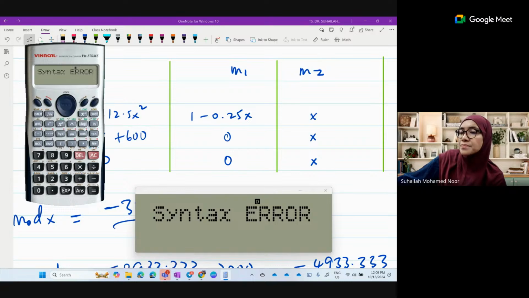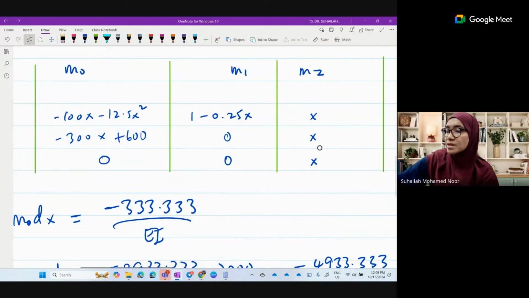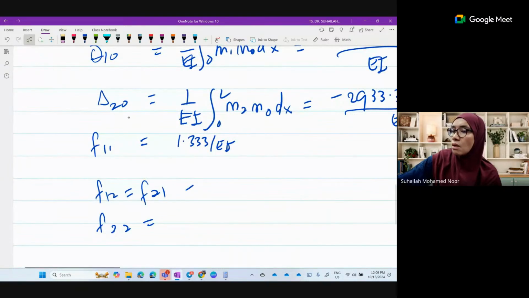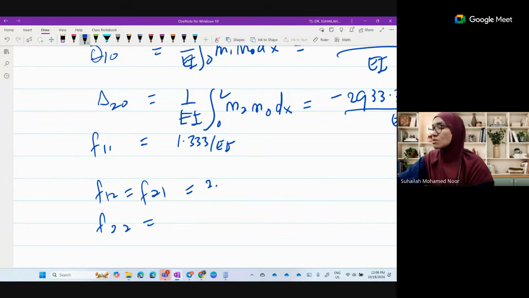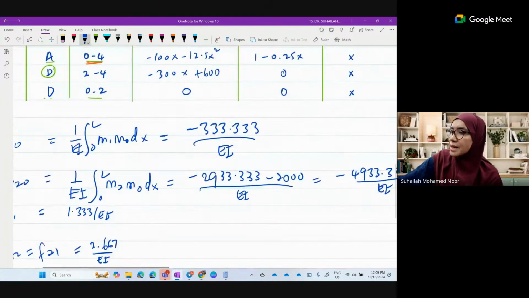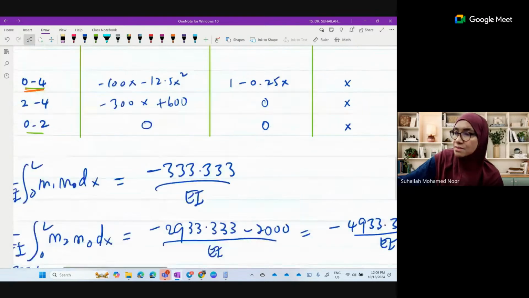Salah sign pula. So nak back. Cuba kira you punya lah. 2.667. So yang ni is 2. Apa? 2. Betul tu benda tu. 2.667 over EI.